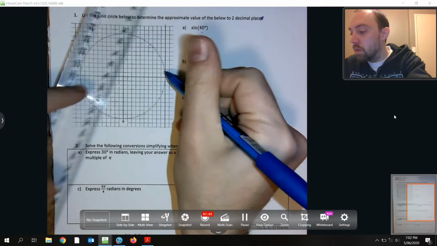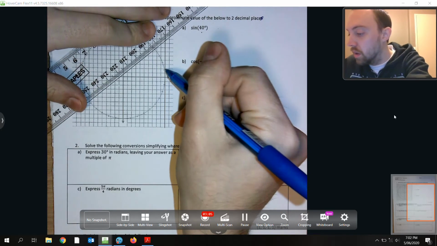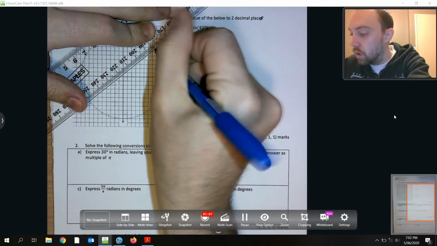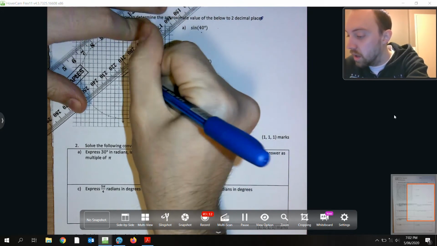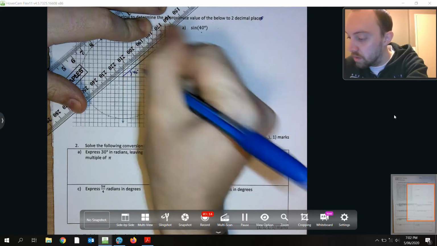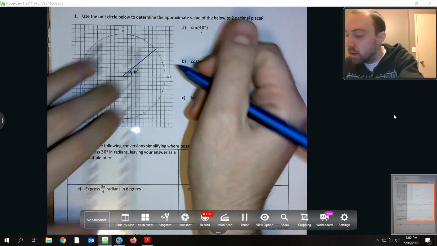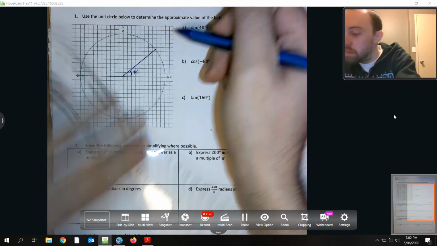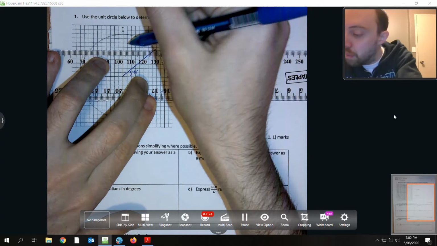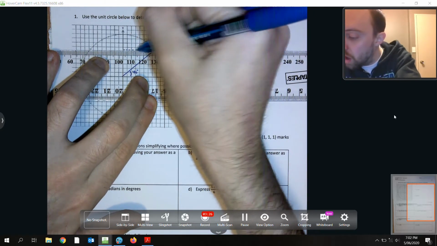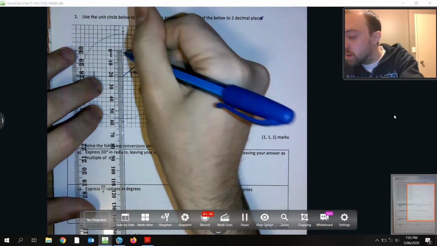Sine of 40 here. I need to know what 40 degrees is, and I'm going to use a trusted ruler to help me out. 1, 2, 3, 4. Okay, connect it with the origin here. That's 40 degrees. And sine would be the height at that point. So what is this height here?